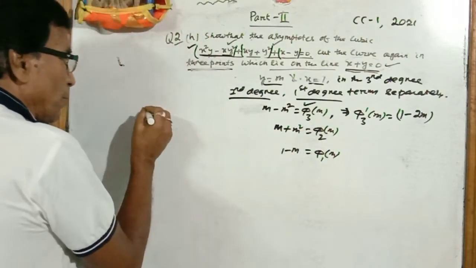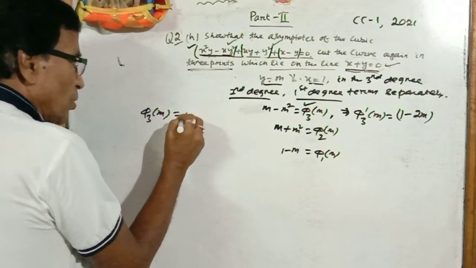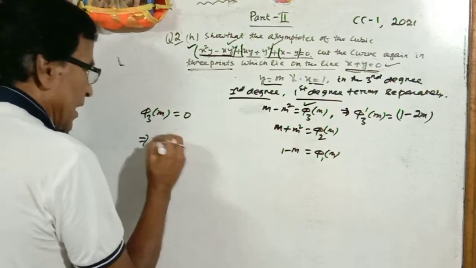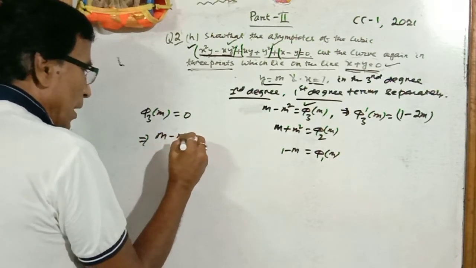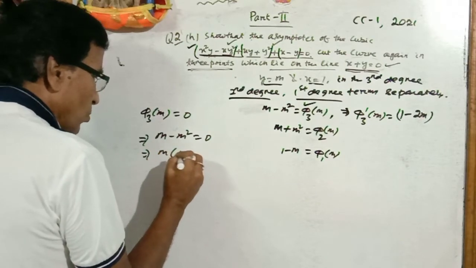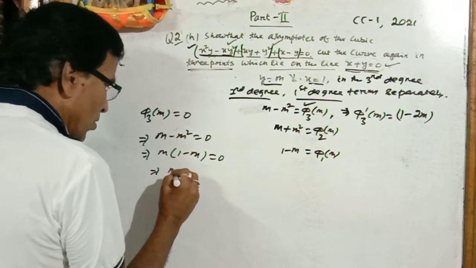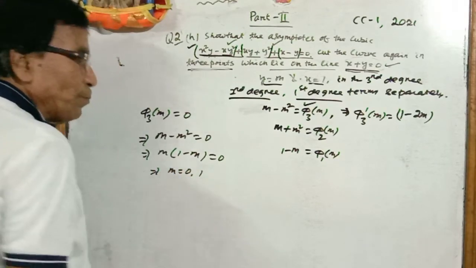On equating phi 3 of m to 0, we are getting m minus m square is equal to 0. So taking m common, it is m into 1 minus m is equal to 0. So we are getting that m is equal to 0 and 1.